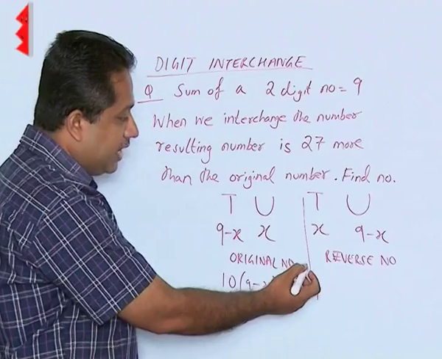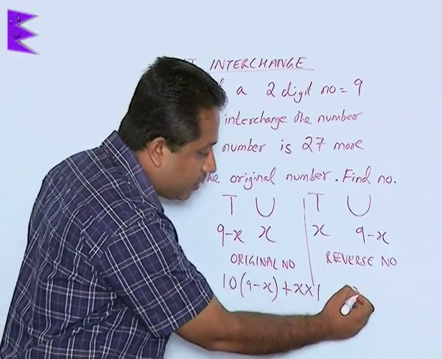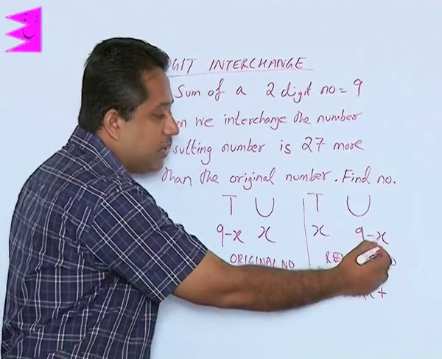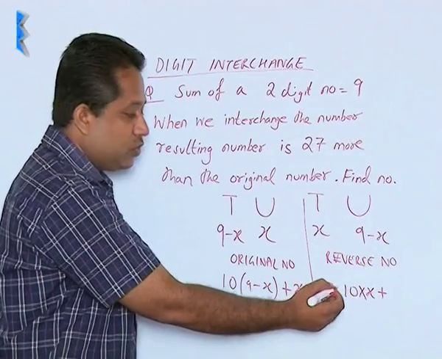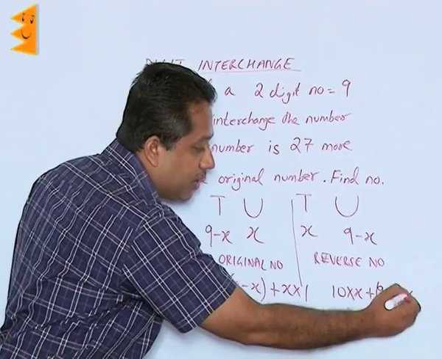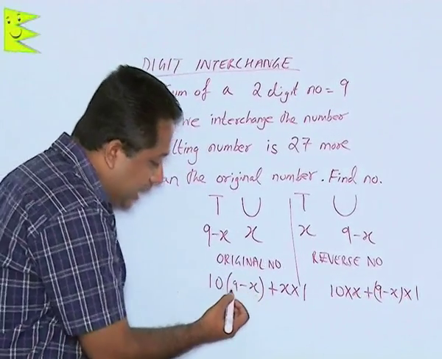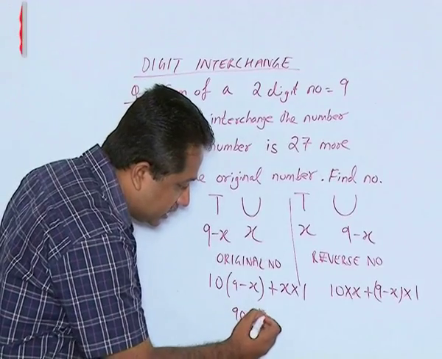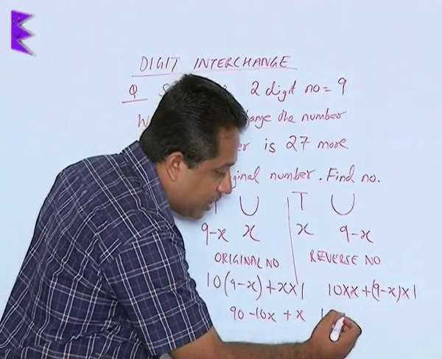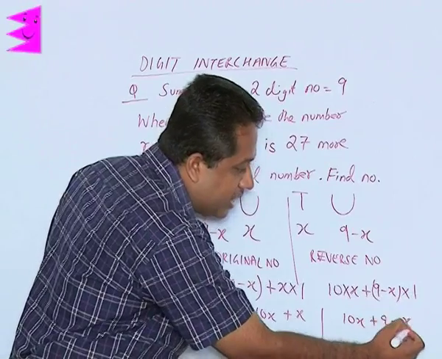On the other hand, on the right side we have the reverse number, that is x. This has to be multiplied by 10. So, 10 into x plus the units place is 9 minus x. So, the units place has to be multiplied by 1. So, this is going to be 9 minus x multiplied by 1. Opening the brackets, we get 90 minus 10x plus x, and here the reverse number will become 10x plus 9 minus x.